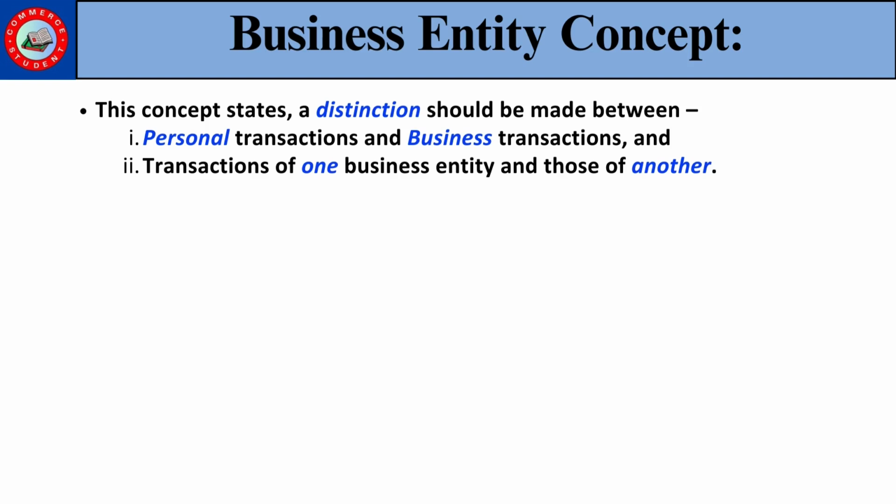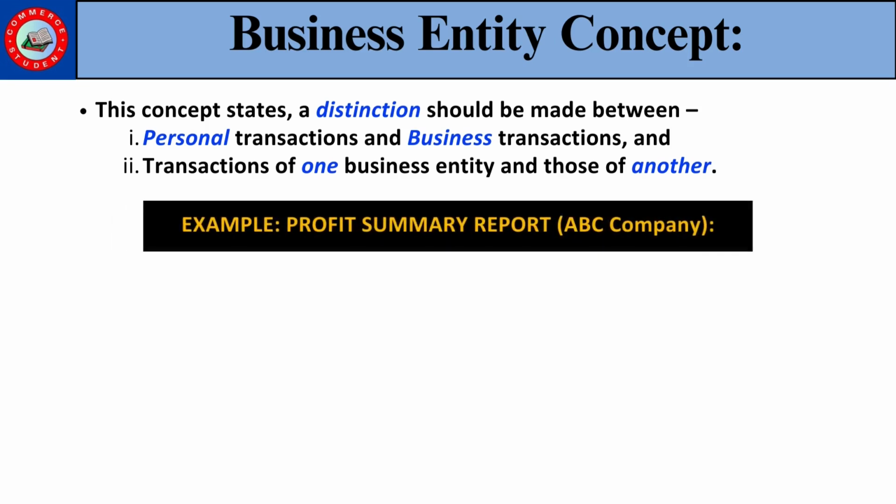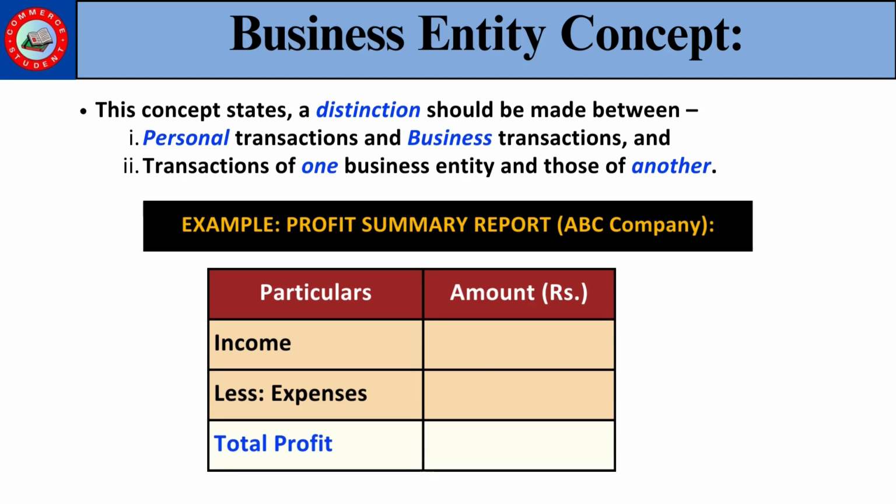Let me further explain this concept with an example. Suppose ABC company needs to prepare a profit report, and for that it has to calculate the amount of profit earned by deducting expenses from incomes.